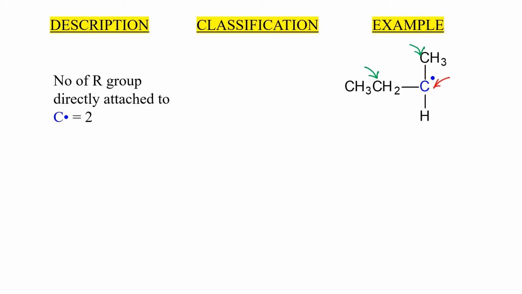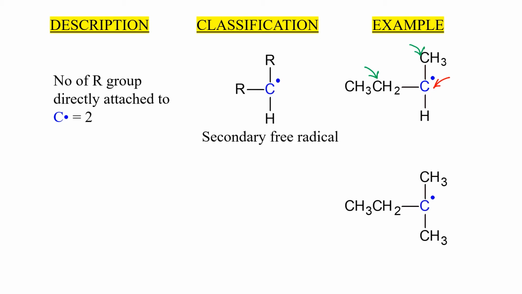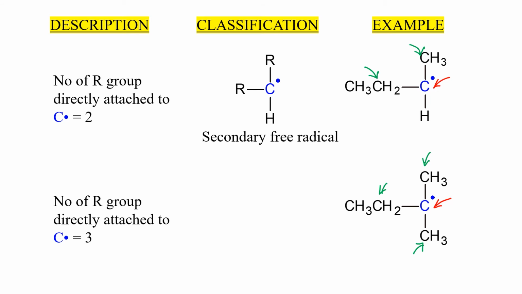So this free radical is classified as secondary free radical. And last but not least, we have another example that has three alkyl groups or three carbon atoms directly bonded to carbon with unpaired electron. The last example is classified as tertiary free radical. Let's watch this video to understand more on free radical.